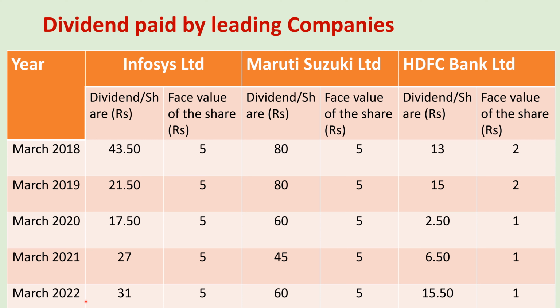So the amount of dividend decided by the board of directors is influenced by various factors. Profitability, the present conditions, the cash reserve, cash earning profit, and the reserve required for future activities will be considered. Therefore, dividend is basically paid by a company to shareholders as a return in the form of cash.